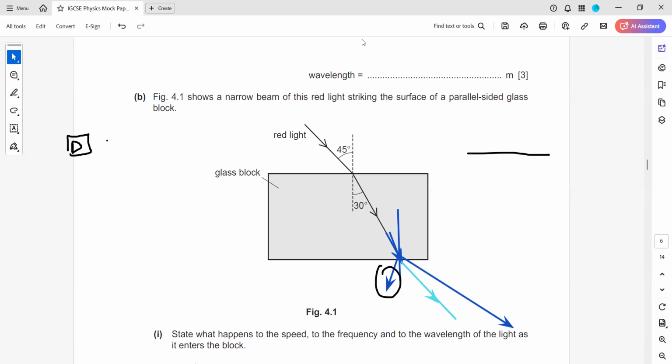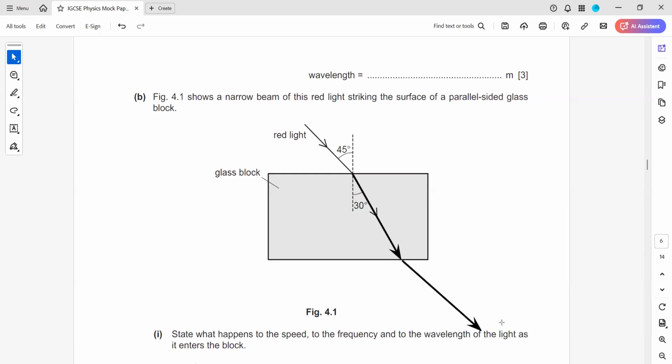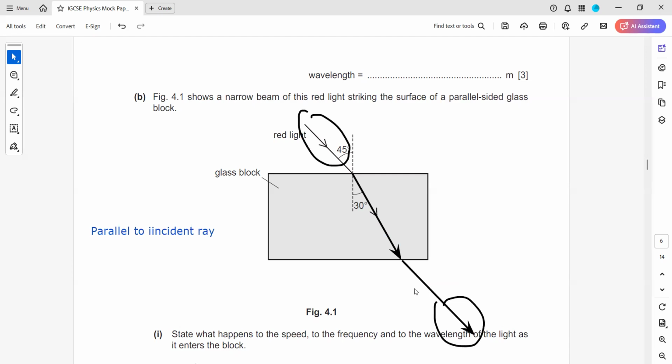So the correct direction is, if you complete here, then moving from glass to air, it will bend away from the normal. And one more important thing: in a rectangular glass block, the ray which enters and the ray which emerges should be parallel to each other. So this incident ray and the ray that emerges, I should draw them parallel to each other.